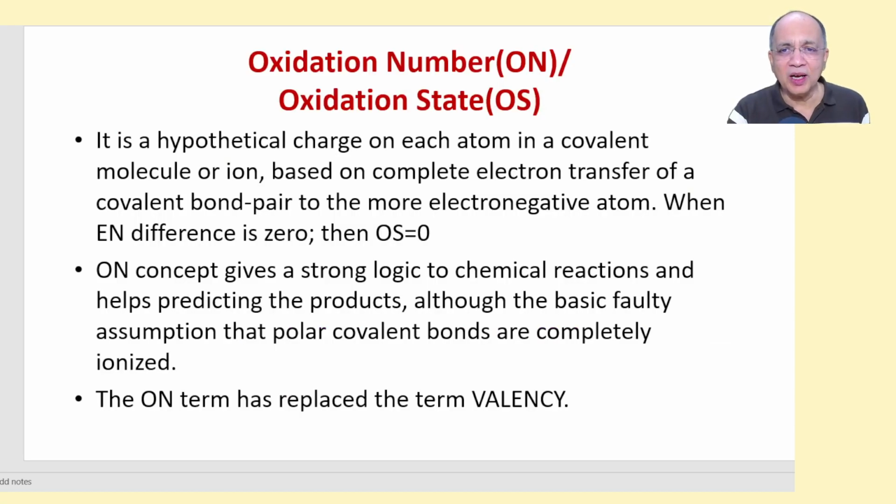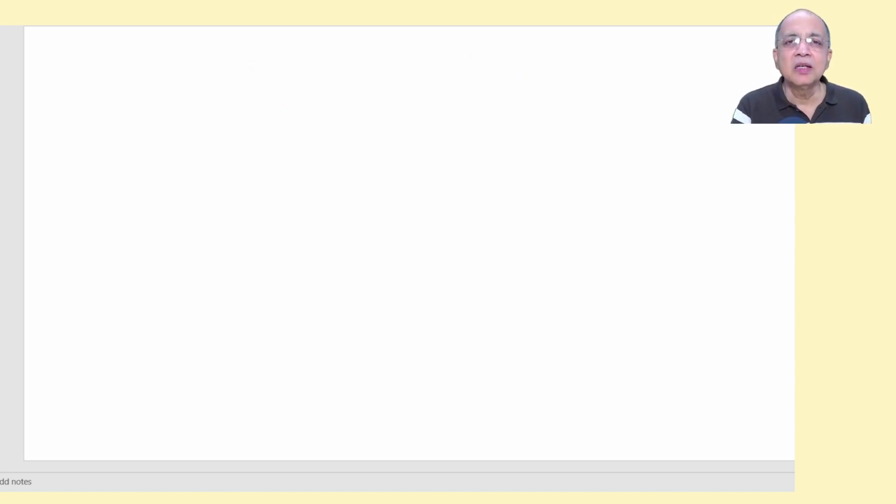Now, you know there are many covalent molecules and many ionic compounds. Say, for example, we have carbon dioxide. These two are double bonds, and every bond has two electrons, one contributed by each atom.